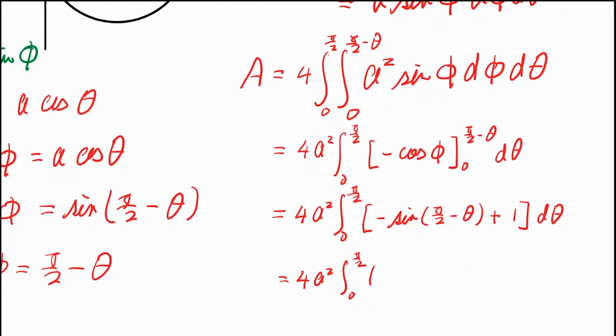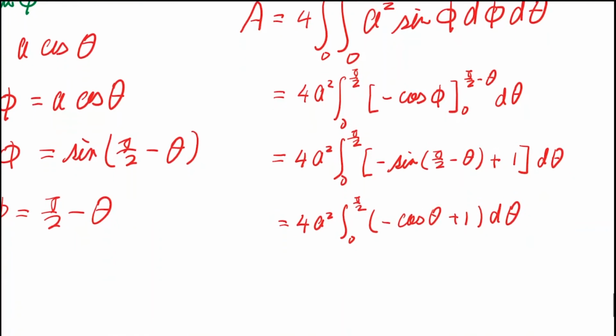So this thing becomes now negative cosine theta plus 1, d theta like that. Good? Wait. I'm dumb. I had a cosine to begin with, so this was cosine. Then this is sine. Good.